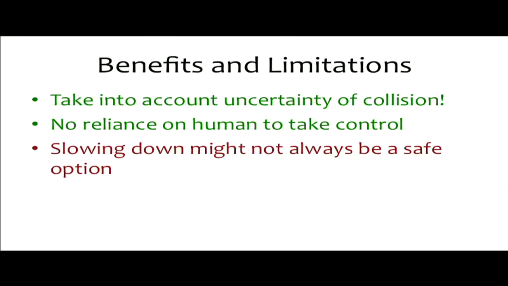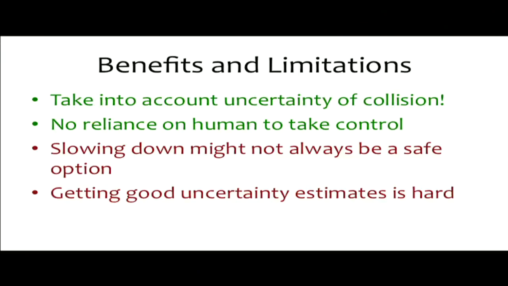Then again, slowing down might be the correct action to take. And the second limitation is getting good uncertainty estimates is hard. So in this scenario, we use bootstrapping and dropout to get uncertainty estimates. But in practice, I think this is still an open problem in how we can get these sorts of uncertainty estimates from neural networks.